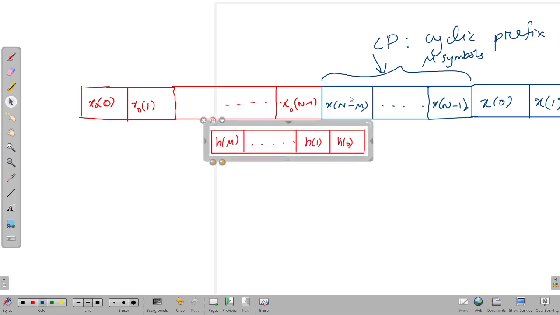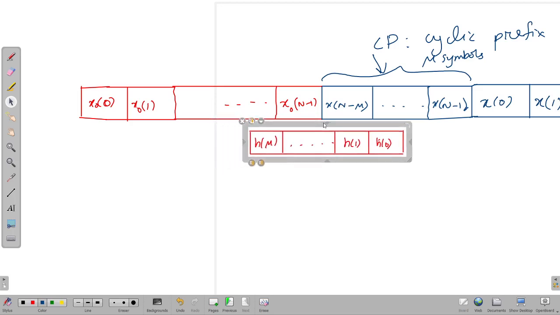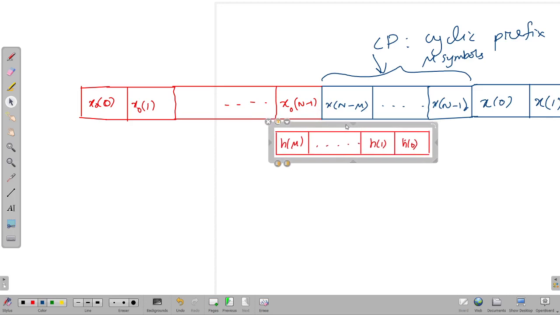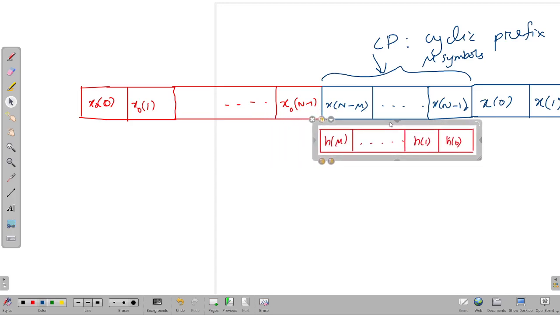So here there is intersymbol interference, n minus mu getting interfered with the previous symbol. Here again there is intersymbol interference, this symbol, and intersymbol interference will happen till this point where here there are mu plus 1 symbols, and here there are mu symbols.